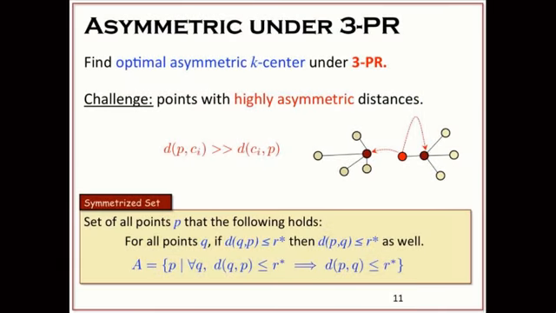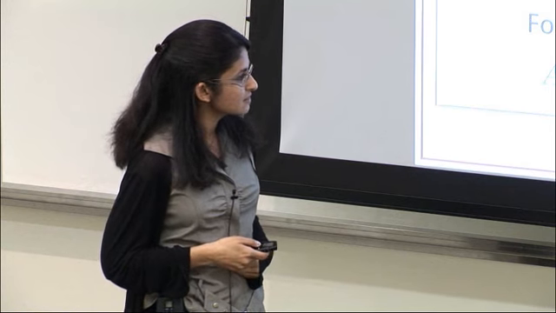Formally, a point P is put in the symmetrized set if for all the other points Q, if Q to P has distance less than r star, P also has distance less than r star to Q. Or even more formally, if Q to P is smaller than r star, this implies that P to Q is also less than r star. So this means that in both directions, they are both under r star.